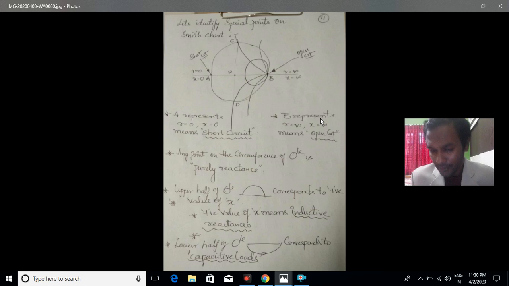Let me try some theoretical aspects in the form of PPT in the later parts, when we go for our microwave measurement units. Presently we are using our blackboard technique to do the same.